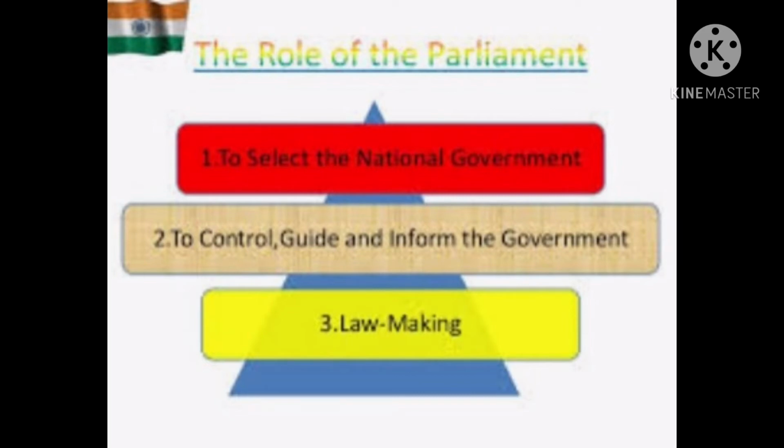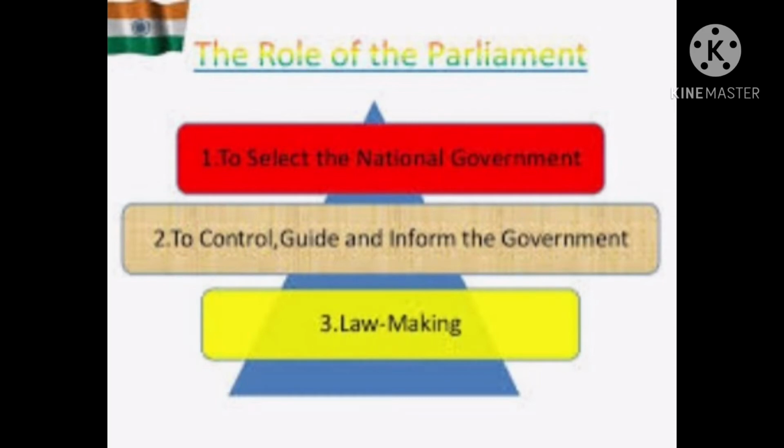There are 543 elected members in Lok Sabha, plus 2 nominated by the president. To have a majority, a party should have at least half of the number, which means 272 members or more.